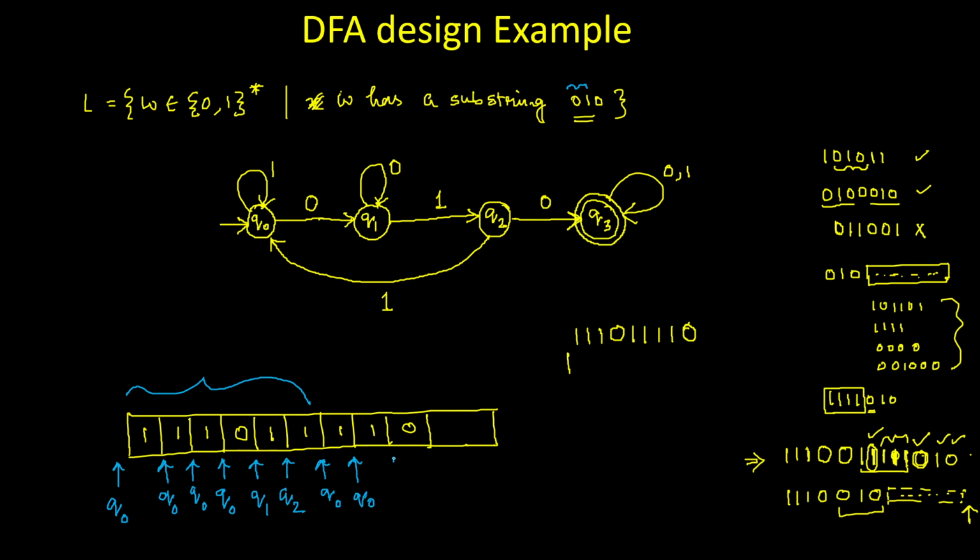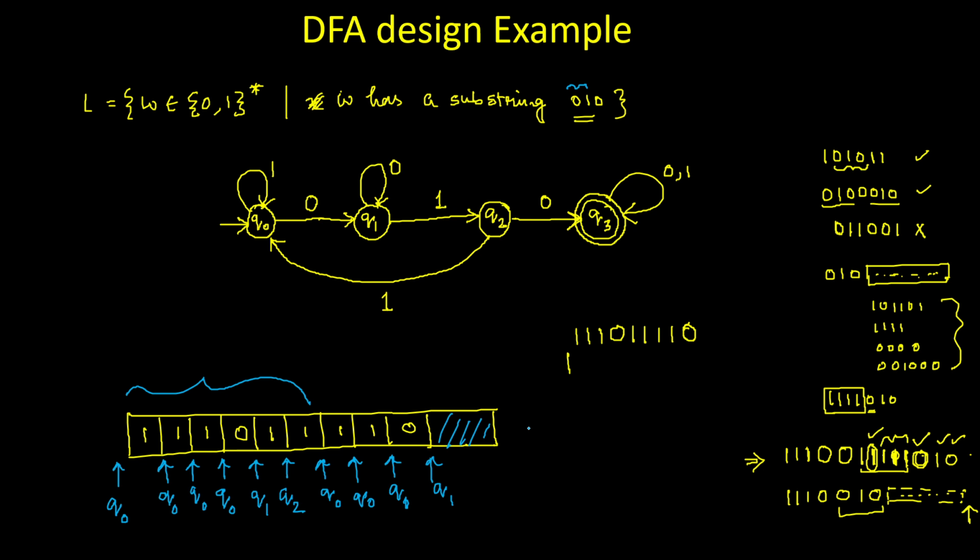Again I'll get a 1, I will remain in Q0, and then I got a 0, which may again be the first character of the substring that we are looking for. So again the machine will proceed towards the final state, that is Q0 to Q1. But unfortunately, after reading the last character, the character 0, the machine will realize that this is the last character of the string and nothing more is present.